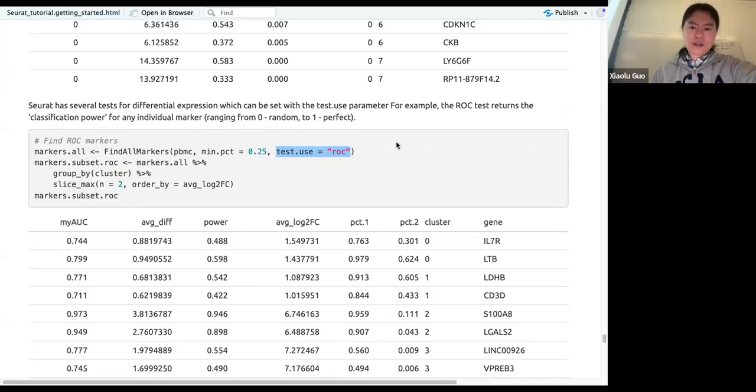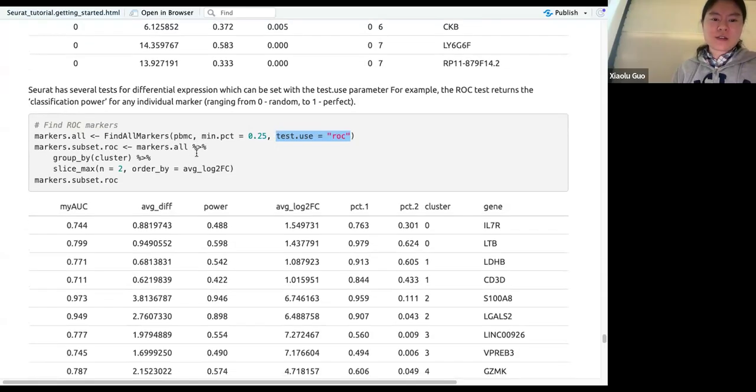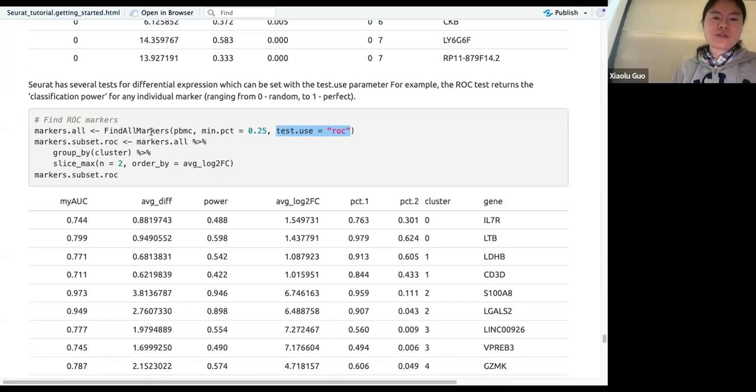Basically you train the classifier, and you can plot the false positive rate versus the true positive rate. That's the curve, and the area under the curve gives you a metric of how good that classifier is.